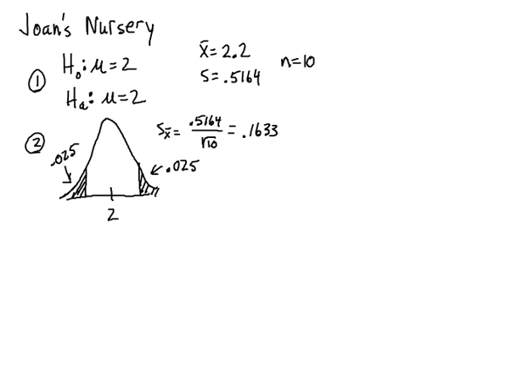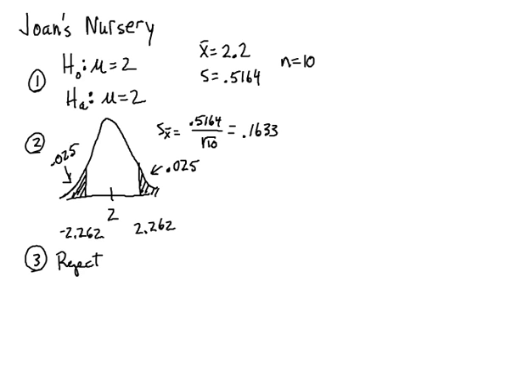So I'm in row 9 and in column 0.025. So I get a critical value of 2.262, and then by symmetry on the lower end I get a negative 2.262.